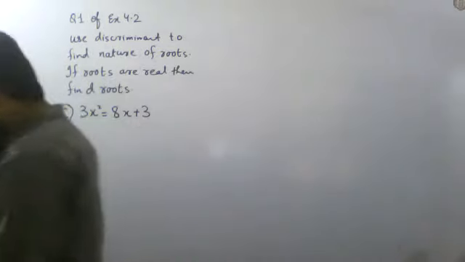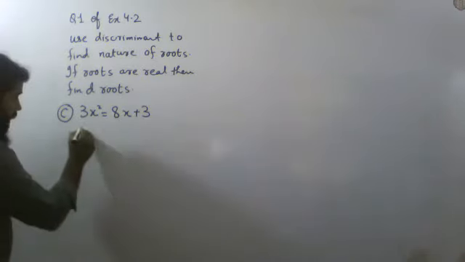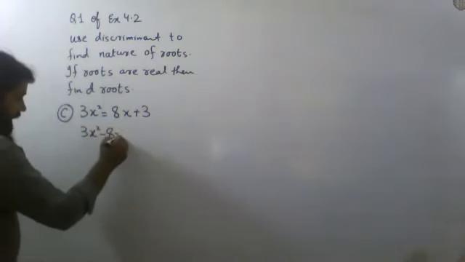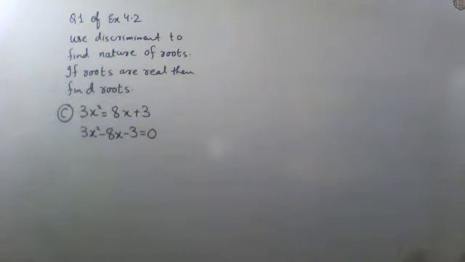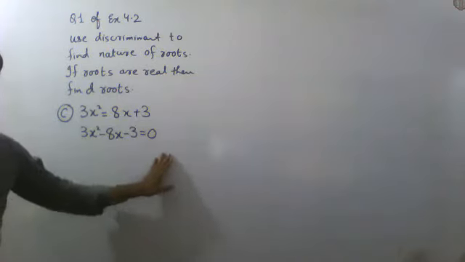So according to the steps of solution which I have explained to you earlier, you are going to arrange your equation. That is the first thing you are going to do. 3x square minus 8x minus 3 equals to 0.